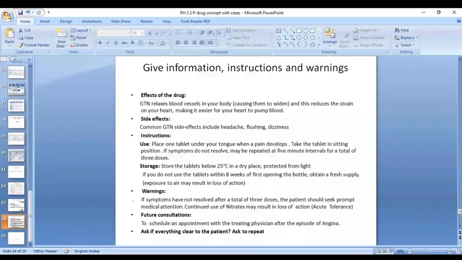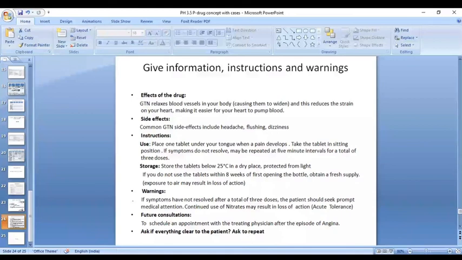You have to use it within 2 months of opening the bottle, because it won't be efficacious if you use it after 8 weeks, right? Then the warning that you should not take it beyond 3 doses, because after that you must come to emergency and seek medical attention, because it could be an irreversible ischemia, and that could be a myocardial infarction, right?